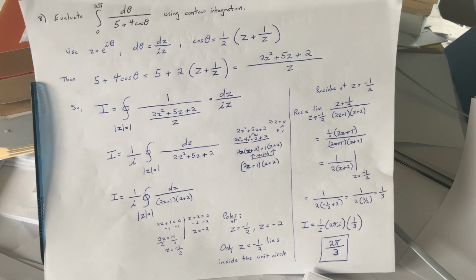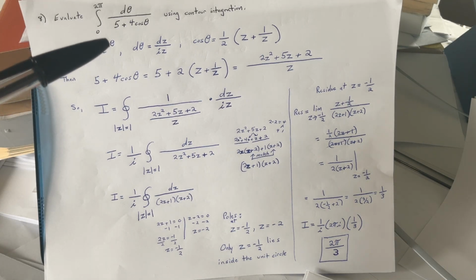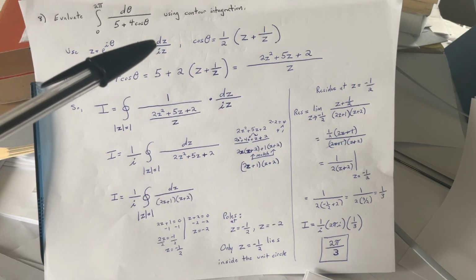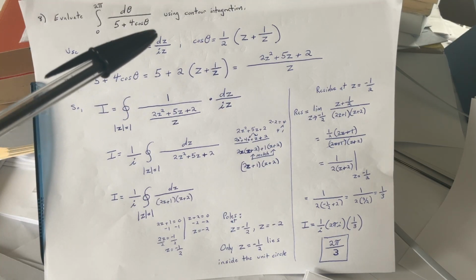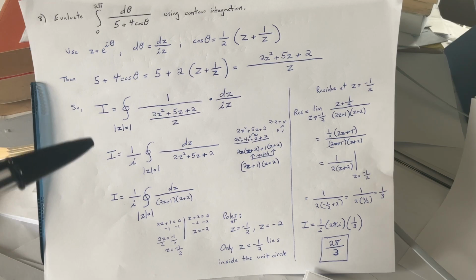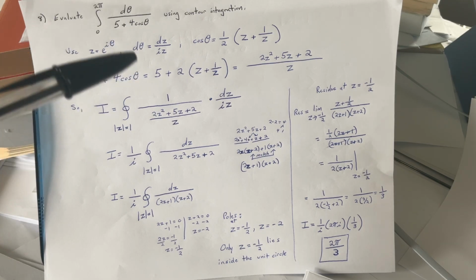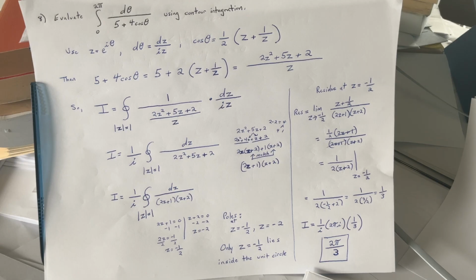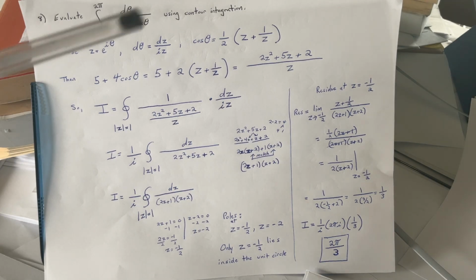Okay. So here's what we do. We use z equals e to the i theta. Take the derivative here. dz is going to be i z d theta, right? So d theta comes out to dz over iz.